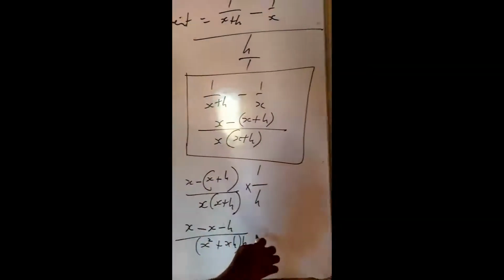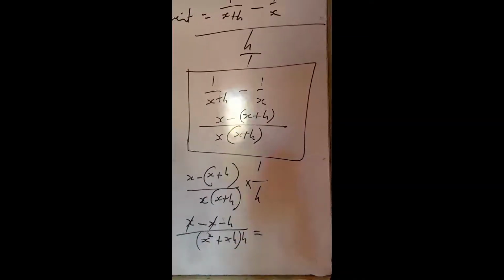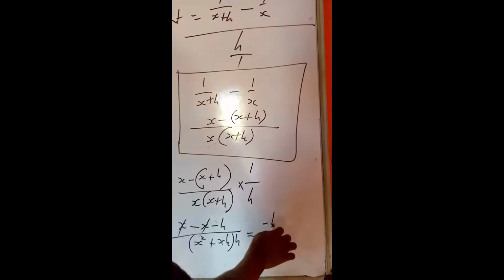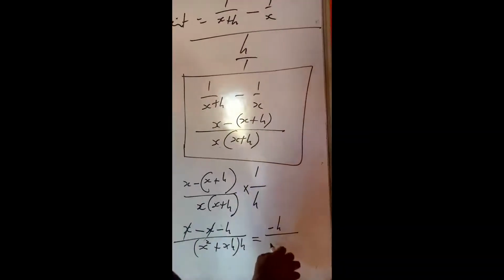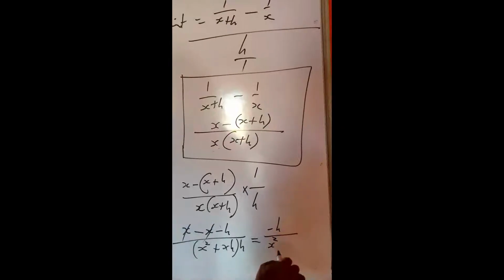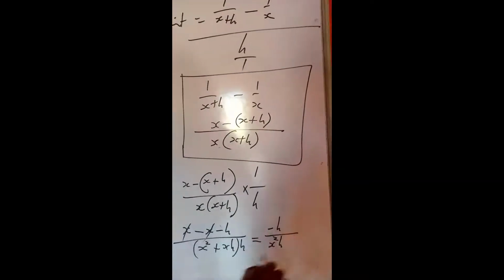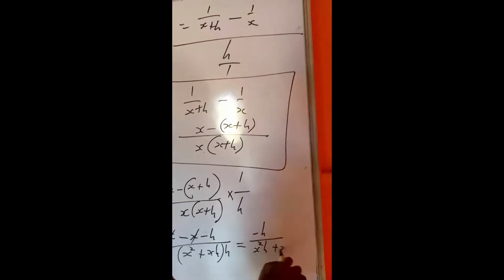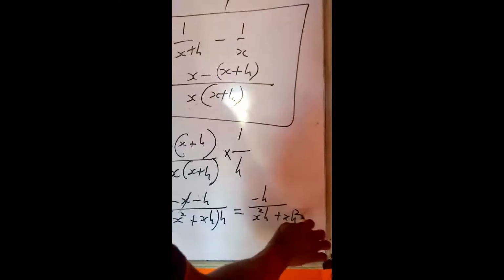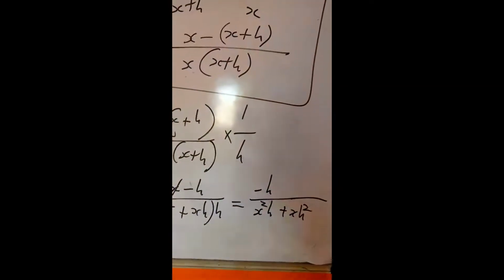So you are going to have this one will die with this one. So you are going to have minus h all divided by x squared plus xh, because we are multiplying this one, all times h. So that's what we are going to have.